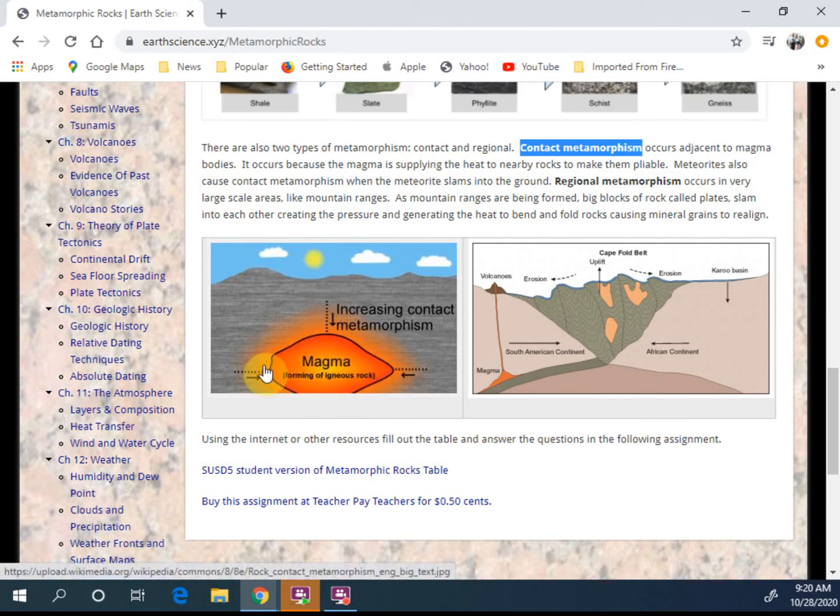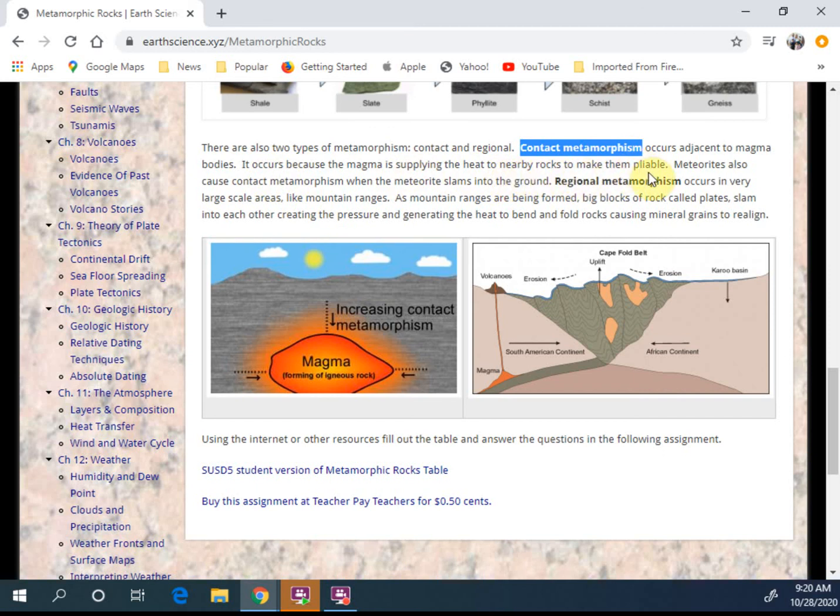At the edges, where it is in contact with the local rock, it changes the rock because it's so hot. It's not quite melting it, but it's altering it. Once it alters it, it becomes metamorphosed. That's called contact. It occurs because the magma body heats up the rock nearby. It becomes pliable but doesn't melt.